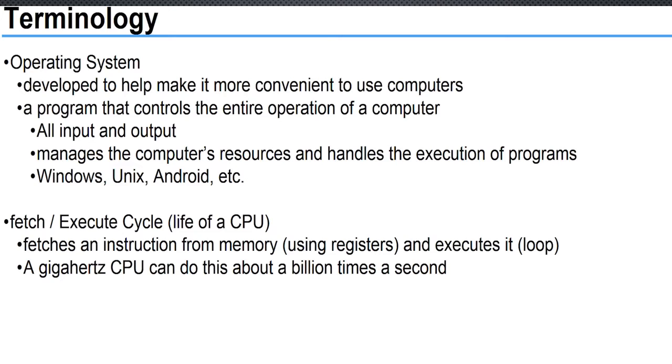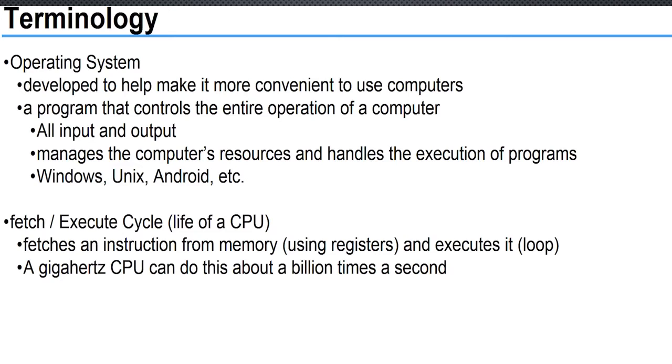Next, fetch and execute cycles. Fetch or execute cycles are known as the life cycle of the CPU. It fetches an instruction from memory and executes it. We'll show it on the next page.